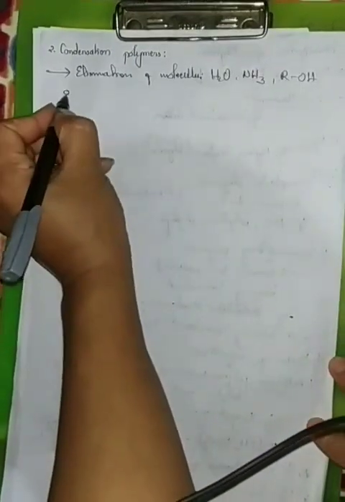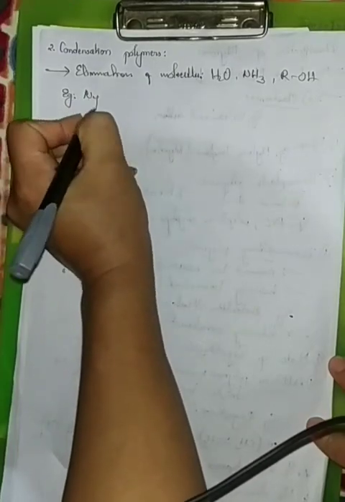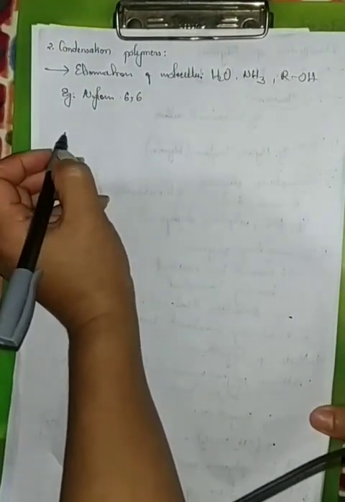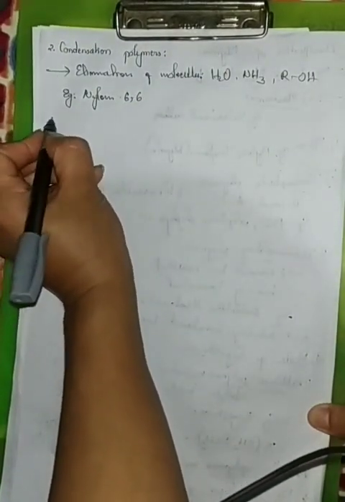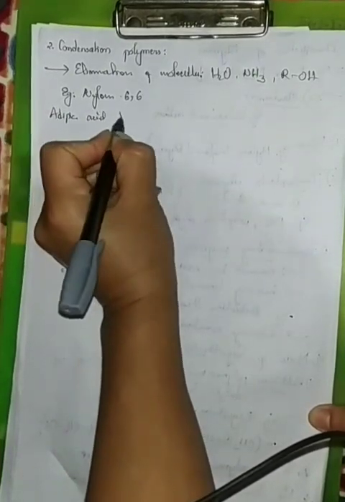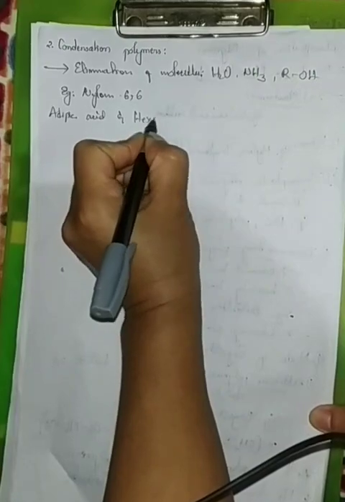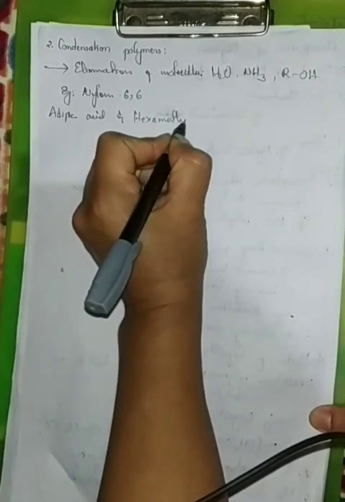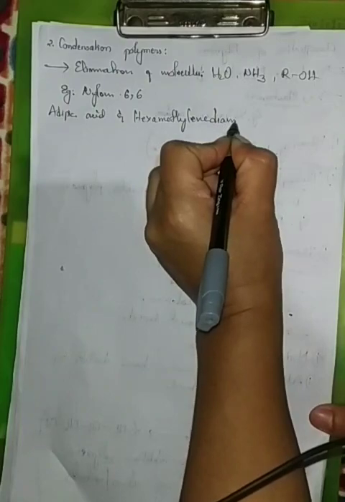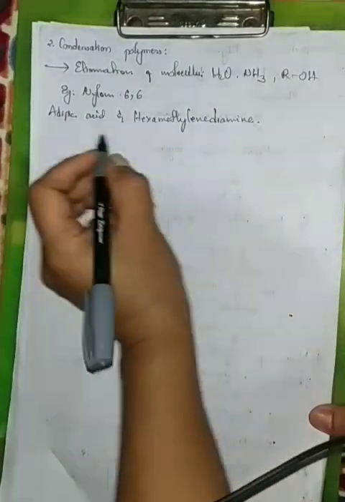For example, nylon 6,6 is our condensation polymer. Therefore, for nylon 6,6, the monomer units are adipic acid and hexamethylene diamine.